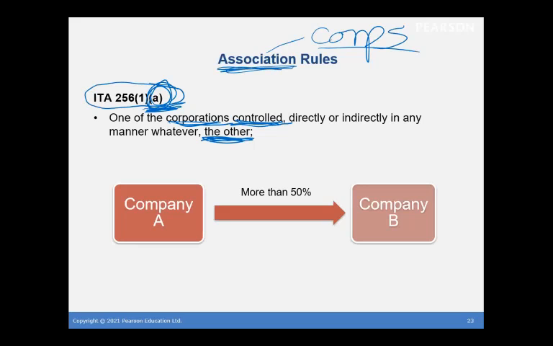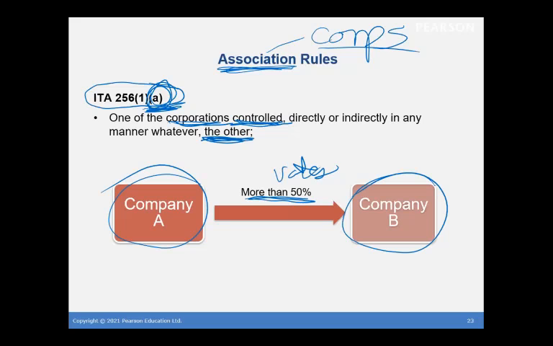So if you have one corp, like Company A, and it owns more than 50% of the votes of Company B, that means Company A controls Company B. So if one company controls another one, they are associated.